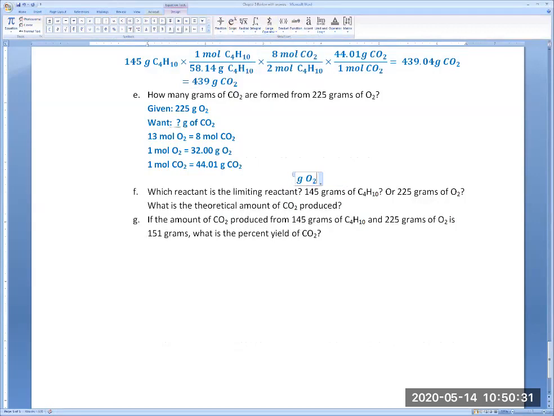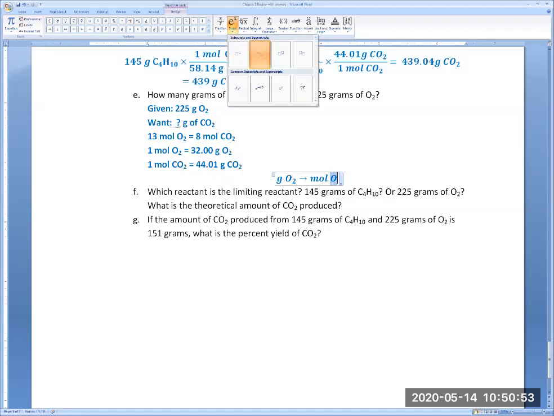We change that to moles of O2. This is annoying, the O2.